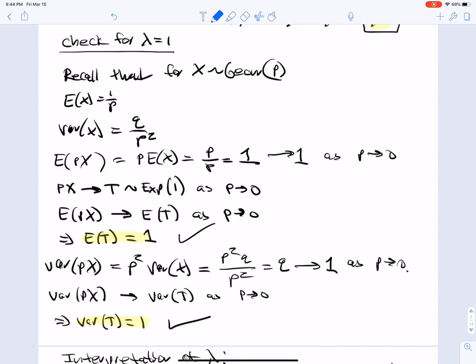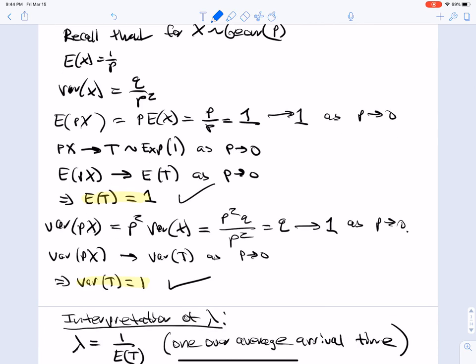So this makes sense that the center of your distribution px would converge to the center of the limit exponential 1, and that is the case here because you expect the expectation of exponential 1 to be 1 over lambda, or 1 over 1.